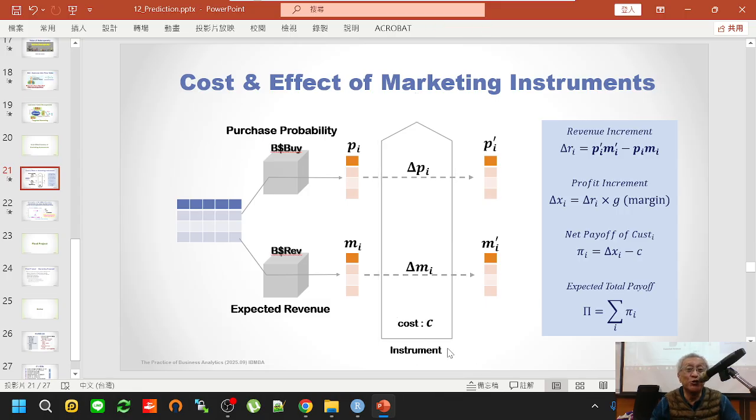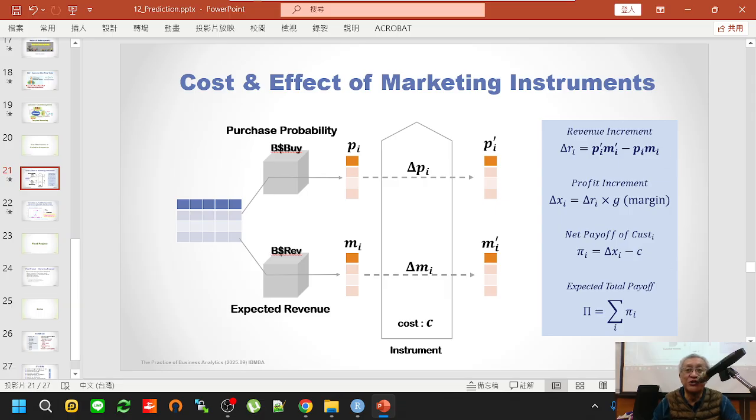You want to raise the probability of purchasing, or you want to increase the amount of buying, right? So the reason that we are using a marketing tool like a cash coupon is that we expect that after receiving this cash coupon, the buying probability or the buying amount for the customer will improve, right?